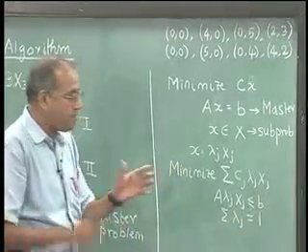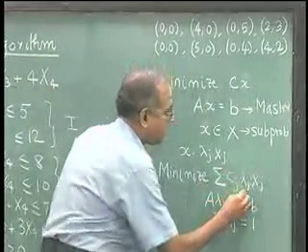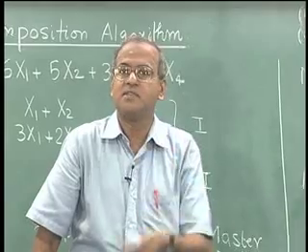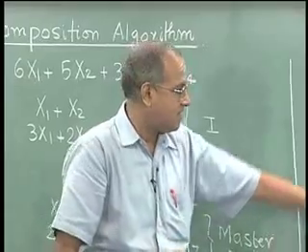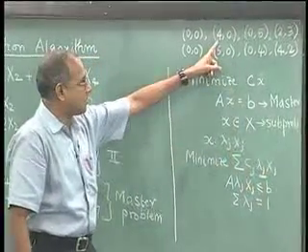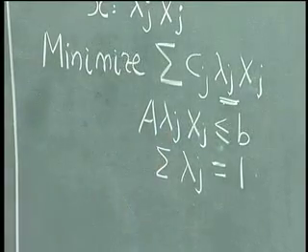So, the problem now becomes one of not solving for the xj's, but solving for the lambdas. The lambdas now become decision variables, because the xj's are known corner points.